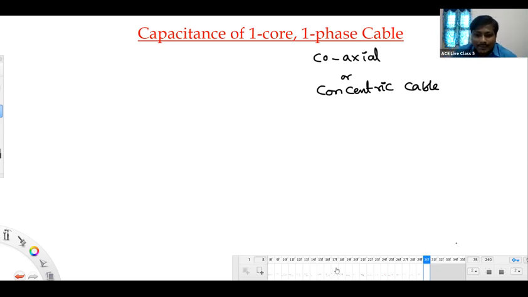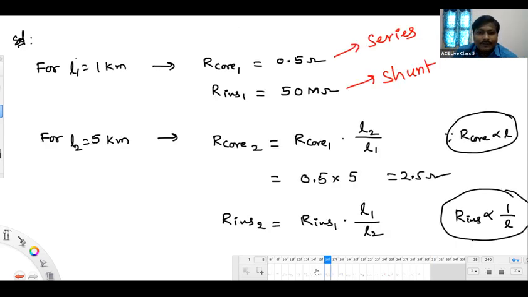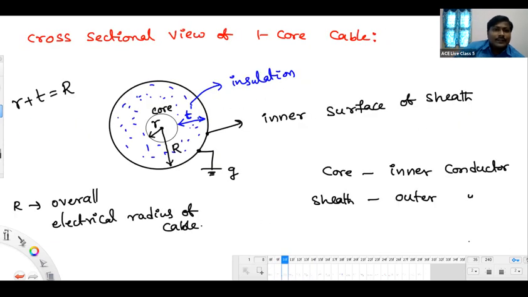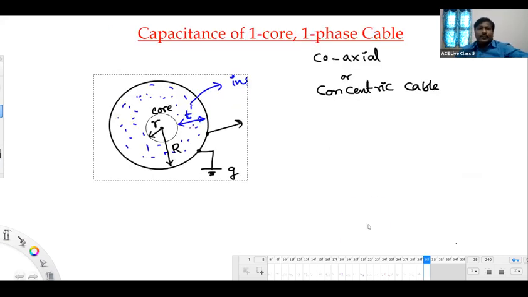Let me copy that cable diagram once. So this is that cable, a coaxial cable. Coaxial or concentric means the center of the core and the center of the cable are the same.